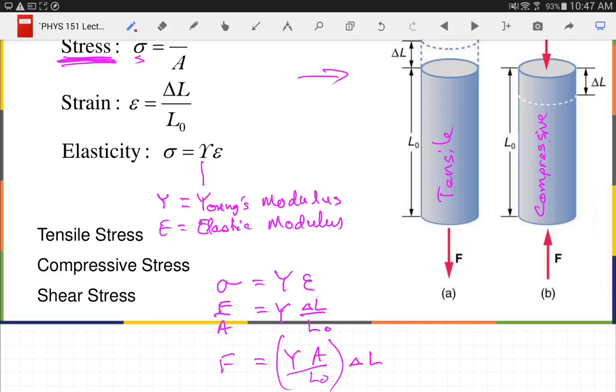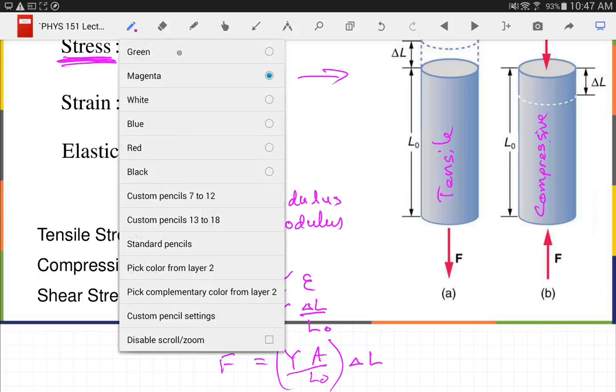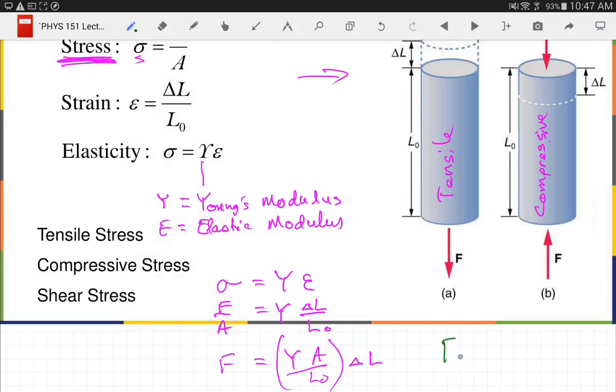That equation should have a familiar look to it because it's the same as the equation we had for the force of a spring. We had for a spring, the force of the spring was equal to K delta X. And remember, there's a minus sign because of direction that I put in there when I put vector signs. But you can see the spring's equation is just showing that it's having elastic behavior.